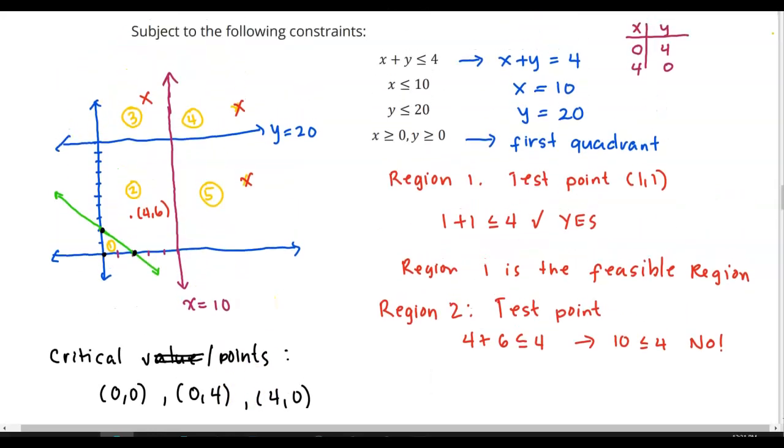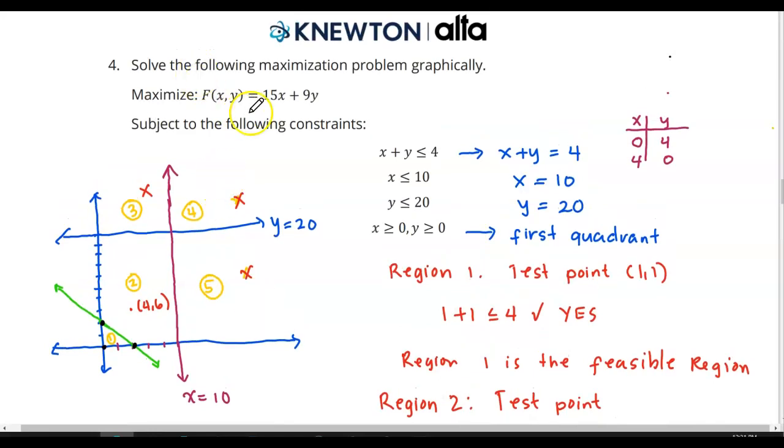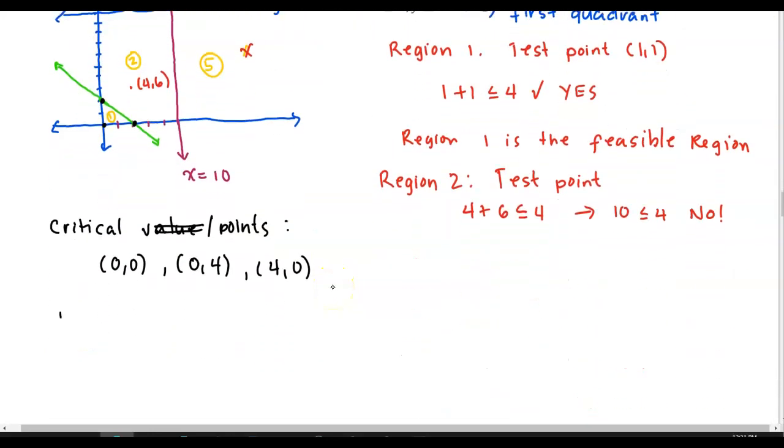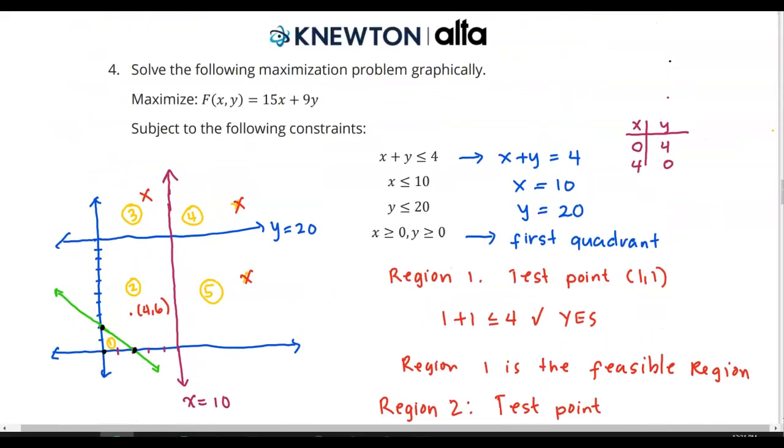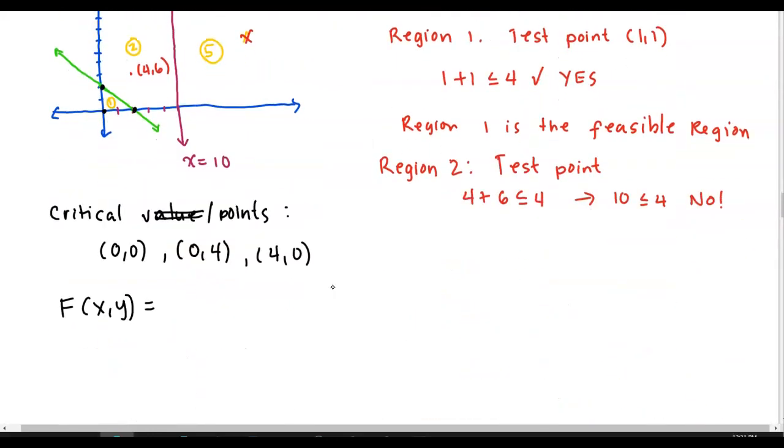So next is to evaluate this function here at each of the critical points. So we have f of x, y equal to 15x plus 9y. We will evaluate f at 0, 0.